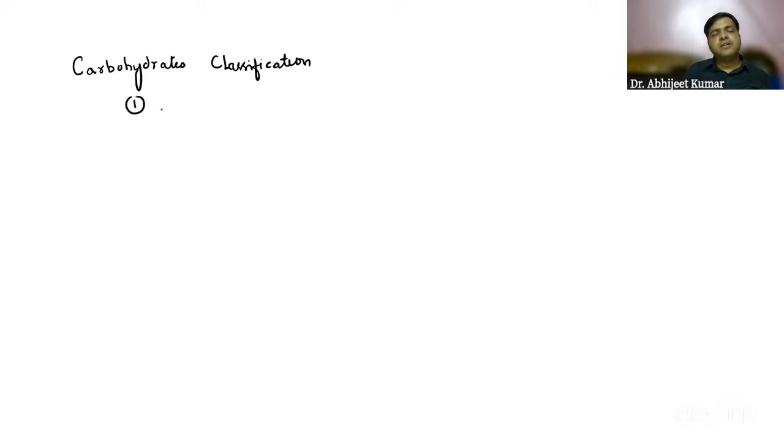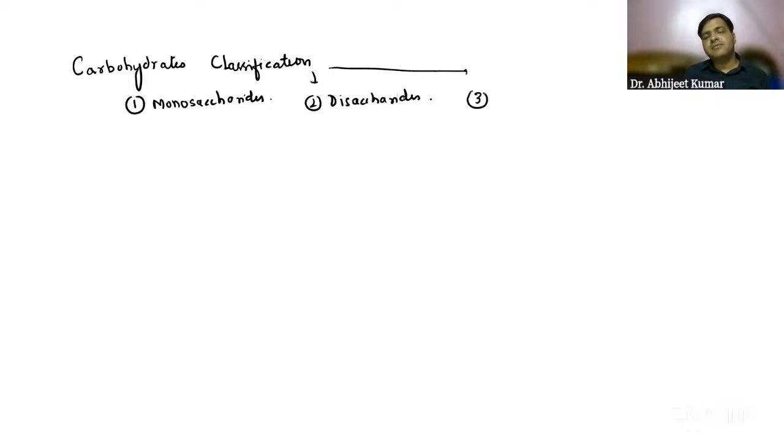The carbohydrates are divided into, yes, you already know, monosaccharides, disaccharides, right? Oligosaccharides, and the last one, the polysaccharides.